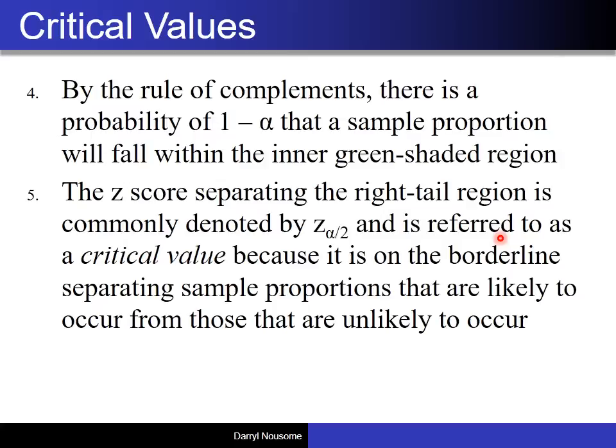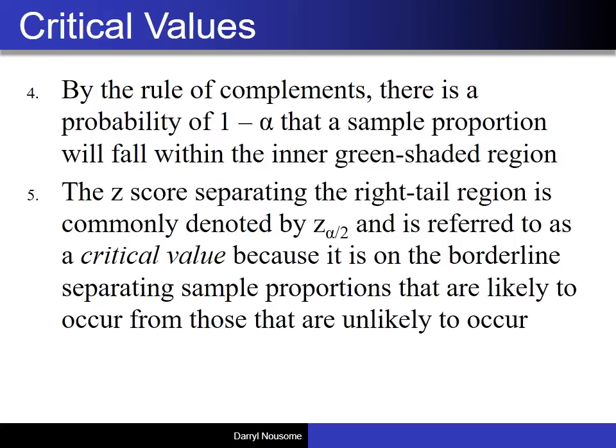Okay. So the z-score that separates the right tail region is commonly called z with alpha over 2, and that's our critical value because it's on the borderline separating the sample proportions that are likely to occur from those that are unlikely to occur. So our cutoff is going to be at the extreme tails, and if a value is beyond that, we say it's beyond or at the critical value.